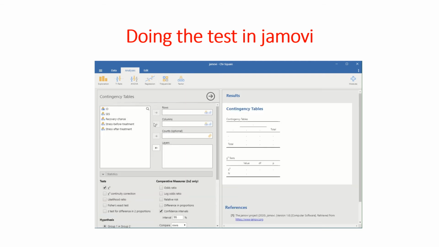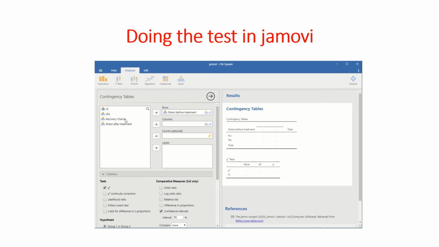And then you'll see this window, and we wanted to look at the relationship between stress before treatment and recovery chance. So our null hypothesis was that there was no relationship between stress, the level of stress before treatment, and the recovery chance, and both of our variables were categorical variables. So that's what we could see here.